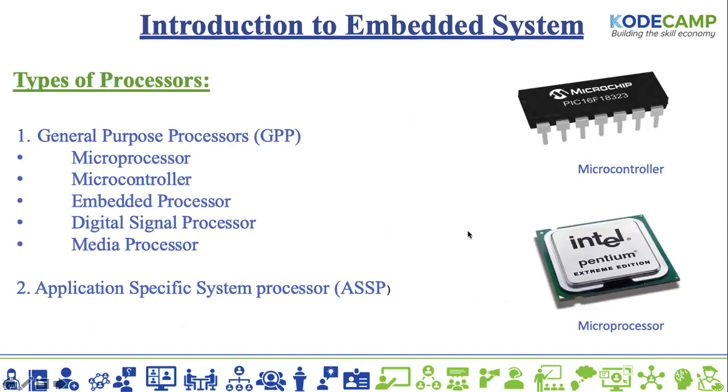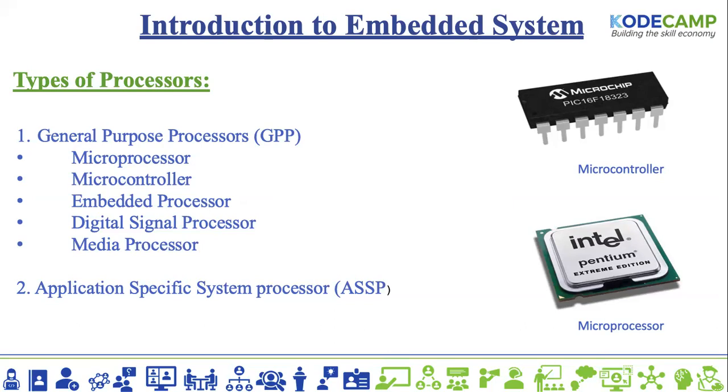The general purpose processors are like the microprocessors, the Intel, the AMD, or whatever processor series you're using, or microcontrollers like the 8051, or a PLC series, or an AVR or Atmel series. Then we also have the embedded processors.